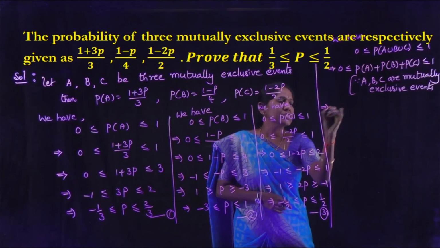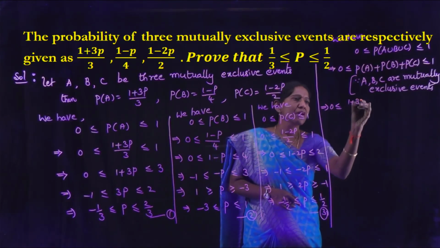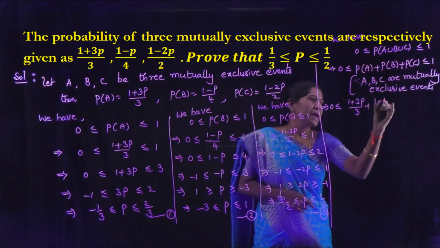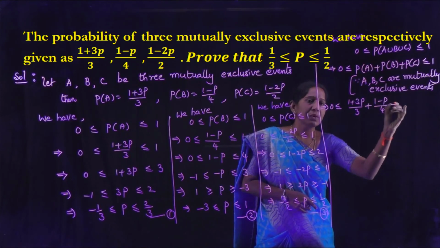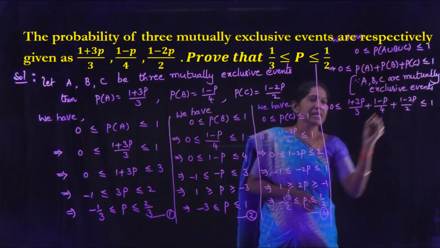That is, 0 less than or equal to, writing the values, (1 plus 3p) by 3 plus (1 minus p) by 4 plus (1 minus 2p) by 2 less than or equal to 1.